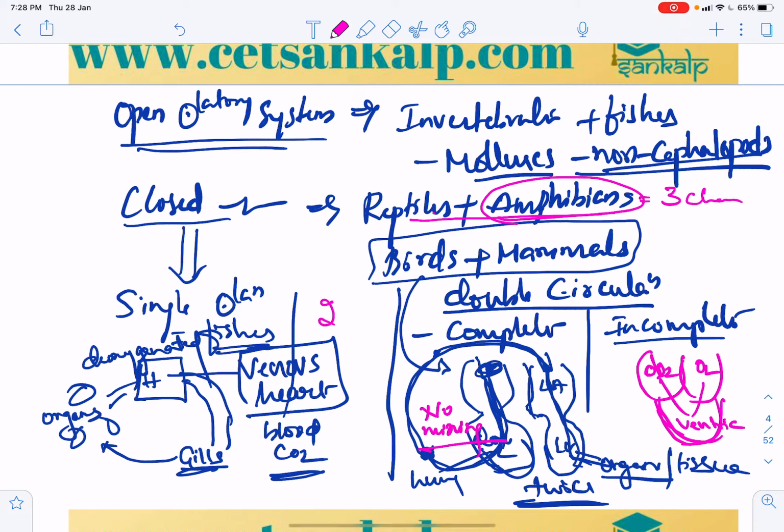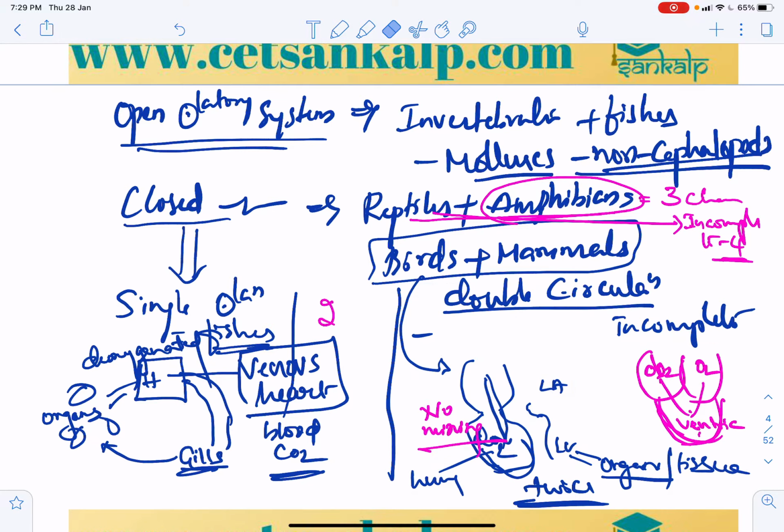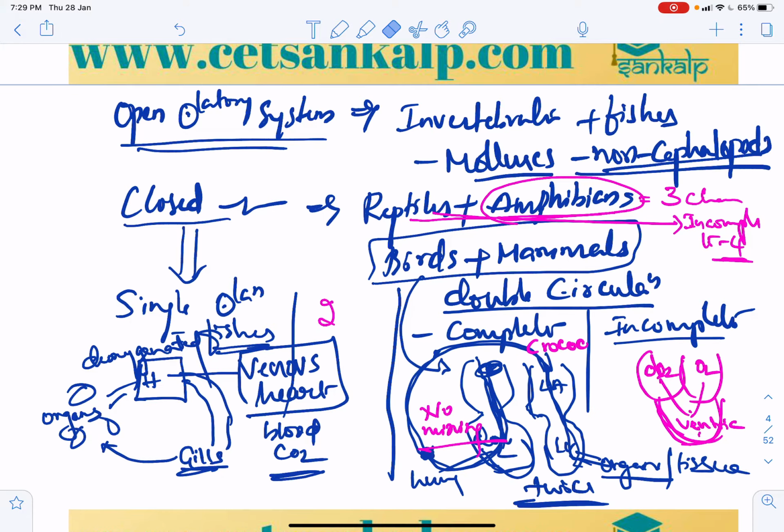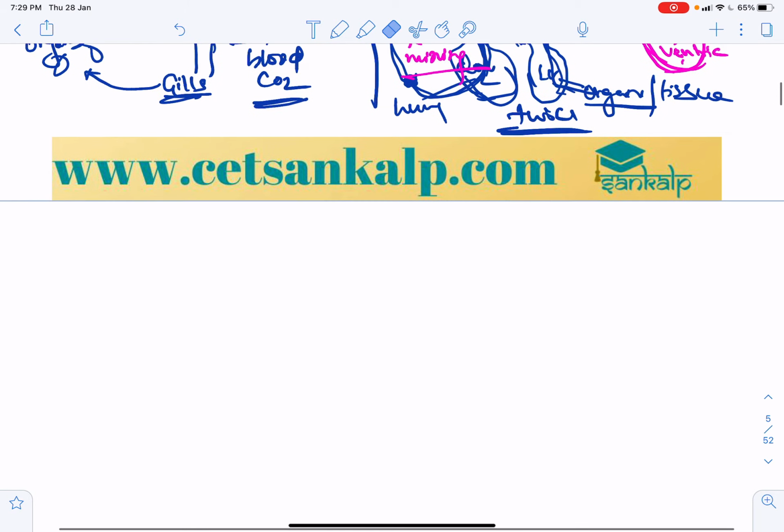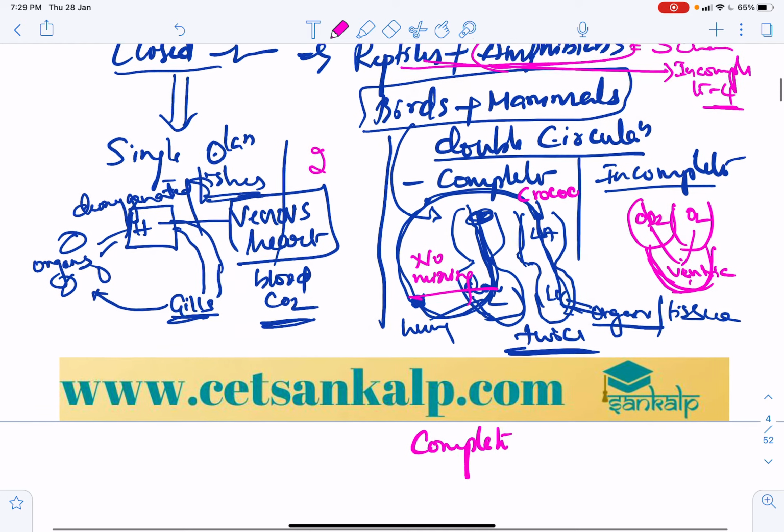In reptiles, incomplete 4-chambered, except crocodiles, which have a complete heart, hence they show complete double circulation. So this is very, very important.